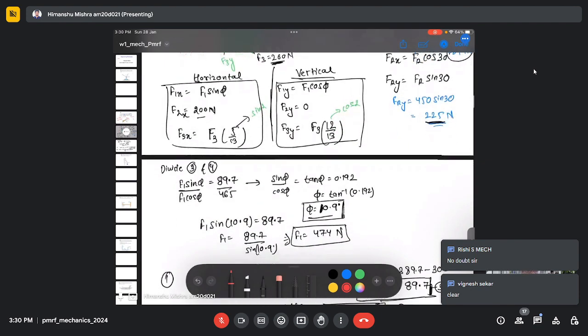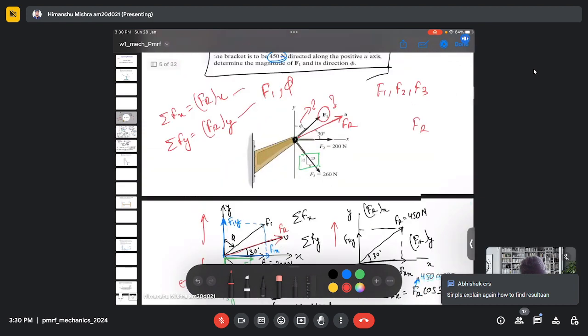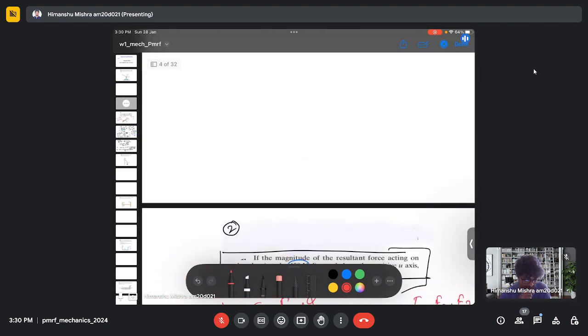So let's move to find the resultant. To find the resultant, you need to first find the components of the forces.